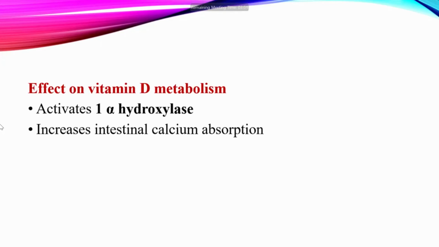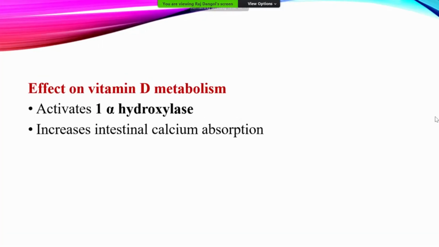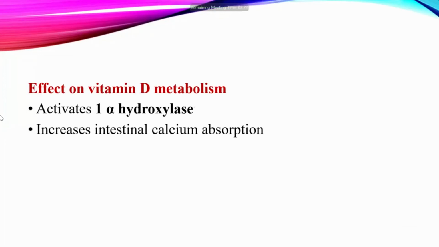It absorbs calcium and phosphate from the dietary source in the small intestine, but the action of parathyroid hormone is indirect. It increases the conversion of vitamin D into the active form, and in turn, this active vitamin D enhances the absorption of calcium and phosphate from the small intestine.